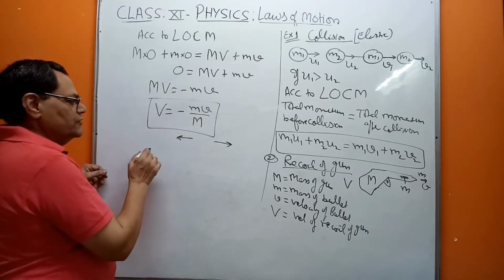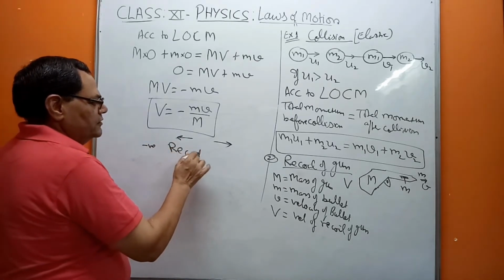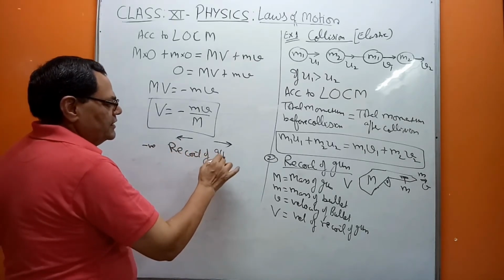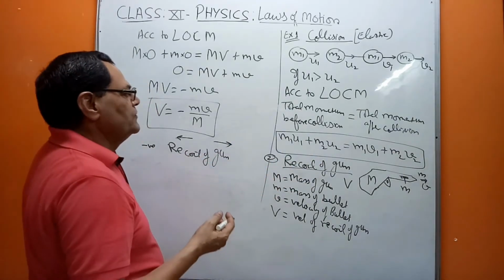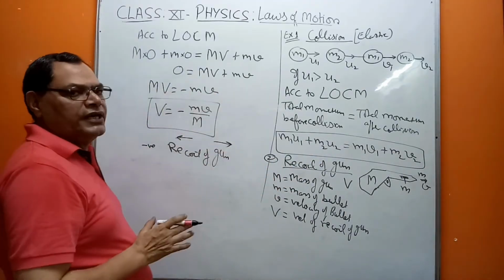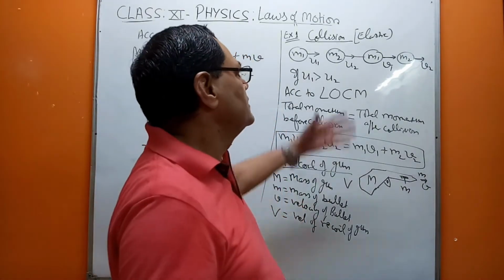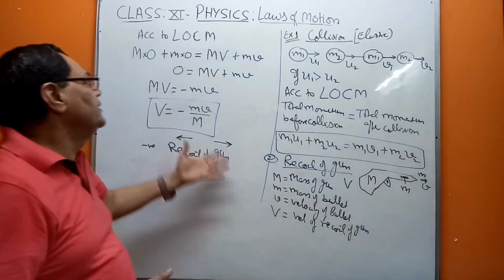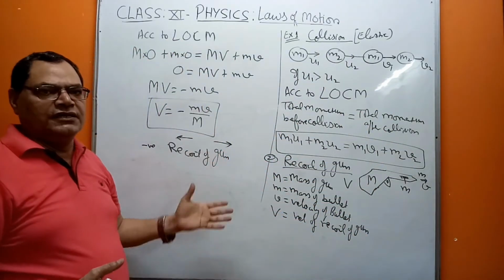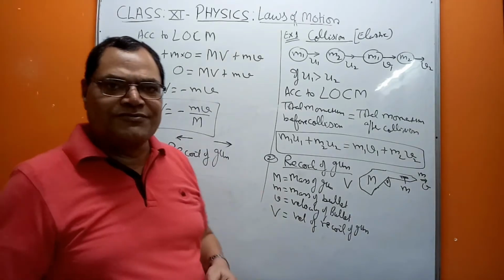This negative sign shows the recoil of the gun, that is, the gun gets a backward jerk. So these were two good examples of momentum conservation: the elastic collision of two moving balls, and the recoil of the gun. I hope you understood this very well.